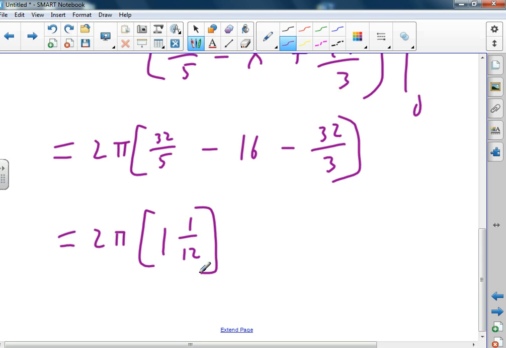Is it 1/15? 1 divided by 15. Yeah, 1/15. So that'd be 16/15ths, so that'd be 32/15ths pi. Yeah. Excellent. So that's a check by calculator. And we are done.